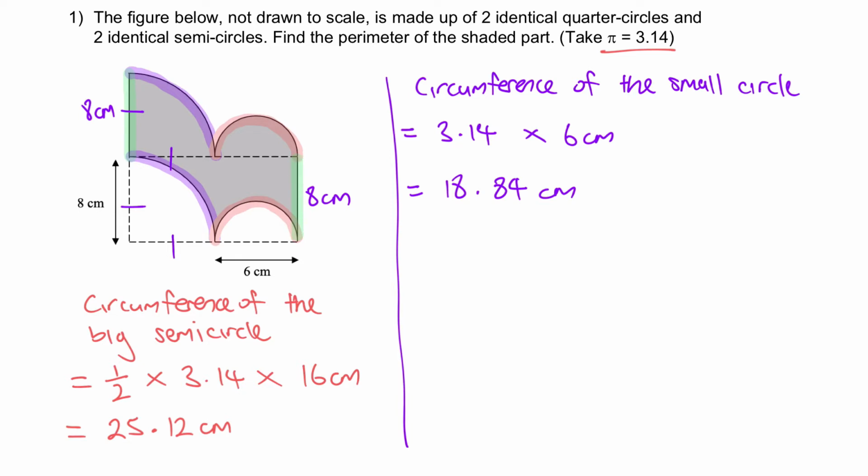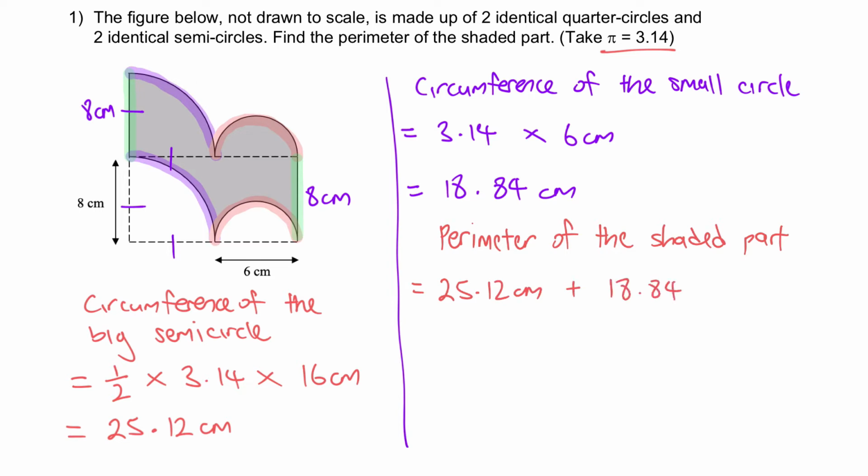So perimeter of the shaded part, 25.12 plus 18.84 plus this and this, which is 16 cm. The answer, 59.96 cm. Moving on.